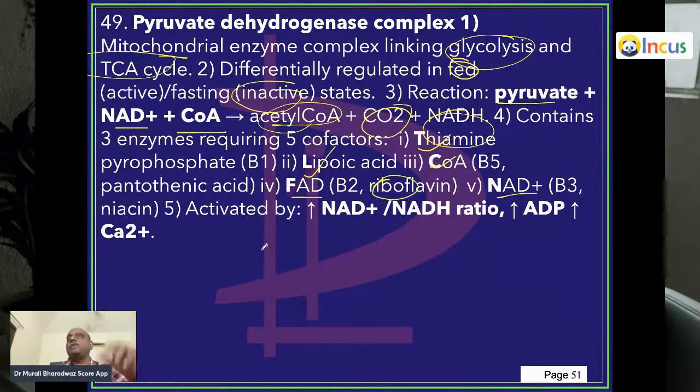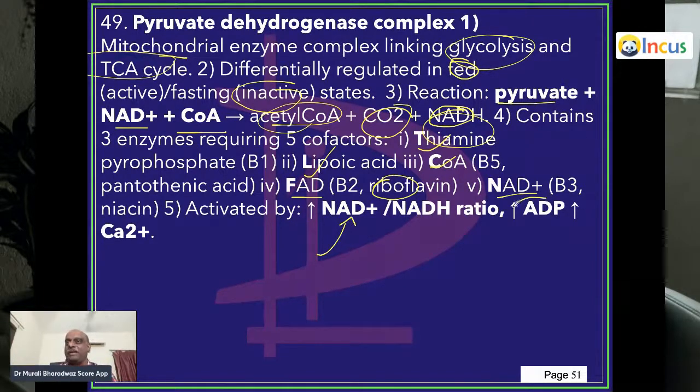And what activates pyruvate dehydrogenase, doctor? Whenever the NAD plus by NADH ratio has increased, that means there is more NAD plus, less NADH, then you need to produce NADH. Since this pyruvate dehydrogenase produces NADH, a high NAD plus by NADH ratio stimulates the pyruvate dehydrogenase complex. Similarly, NADH ultimately will cause ATP production.